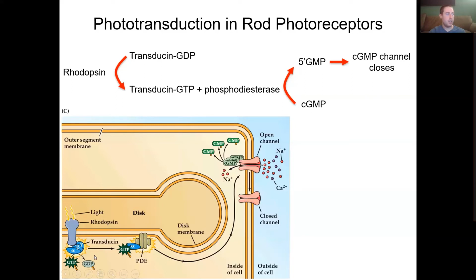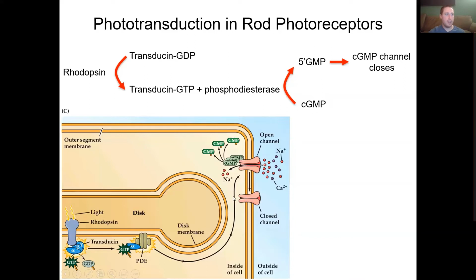It dissociates off from the rhodopsin, combines with an enzyme called phosphodiesterase, and then this complex, so the transducin GTP plus the phosphodiesterase, it can then float over and start doing its enzymatic job, which is converting cyclic GMP to 5' GMP.